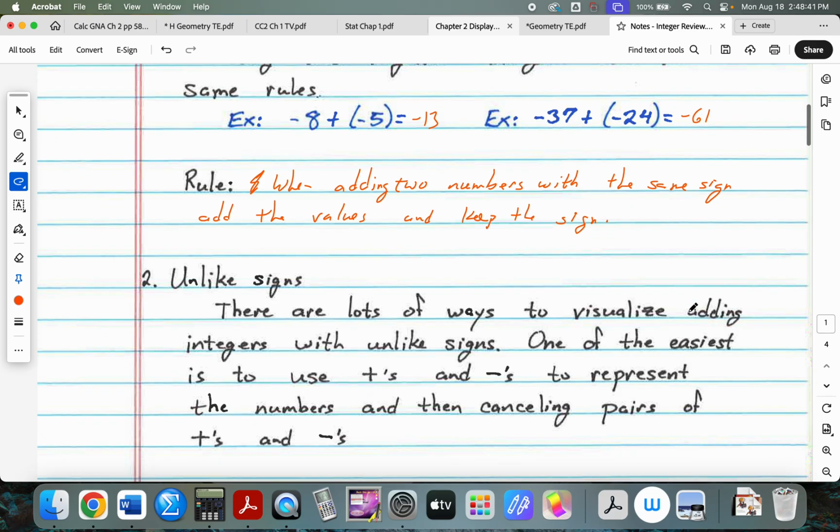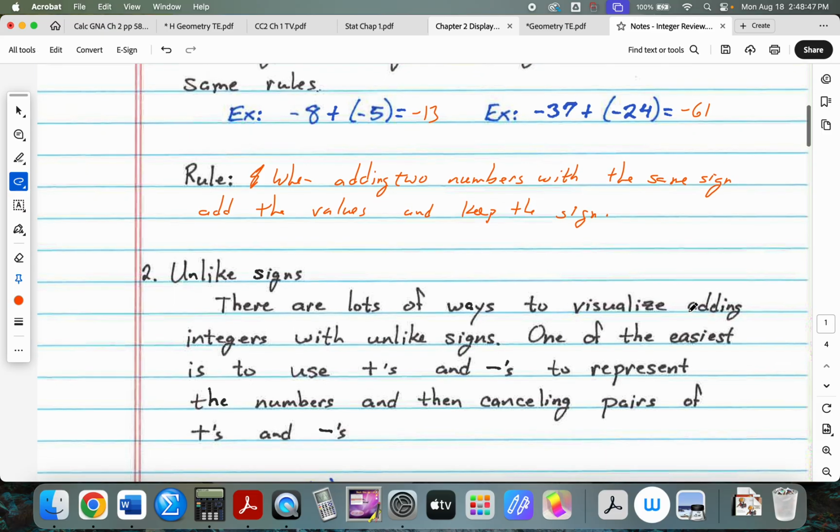One of the easiest is to use pluses and minuses to represent the numbers and then cancel pairs of pluses and minuses. It's called canceling the zero pairs, I think, in the 7th grade book that we use here.